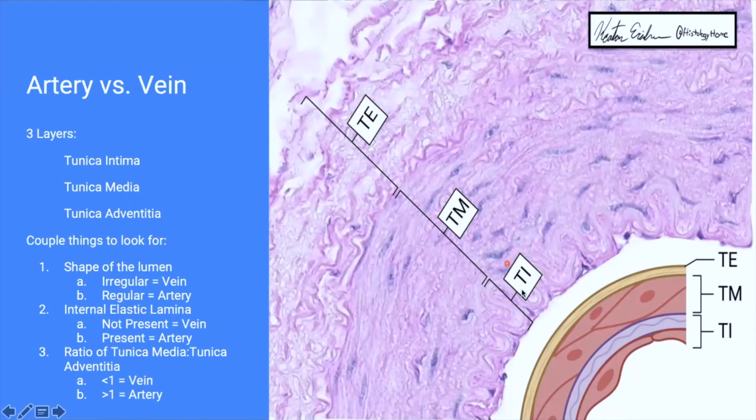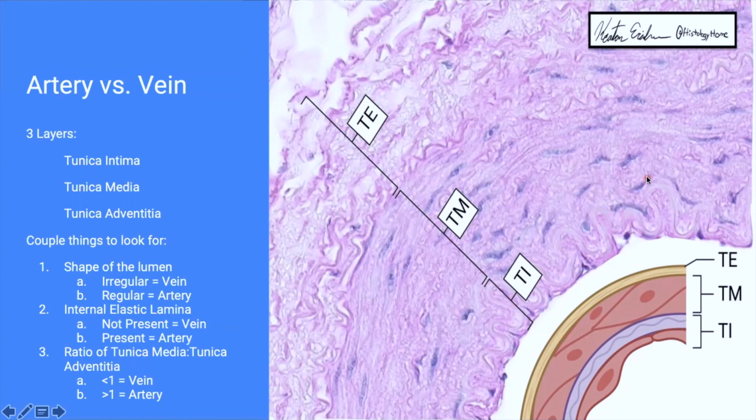So tunica intima is going to be composed of that epithelial layer, the simple squamous epithelium, and then a few variable components, usually a connective tissue layer and a basement membrane. And then in arteries, we will see this structure that we're seeing here, this internal elastic lamina, this squiggly line here.